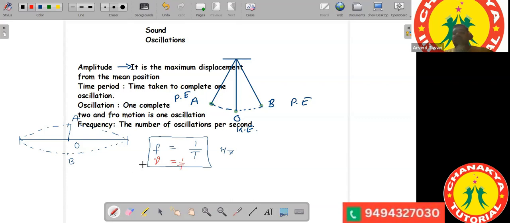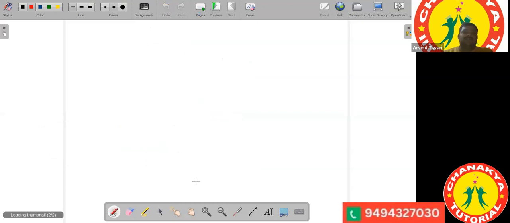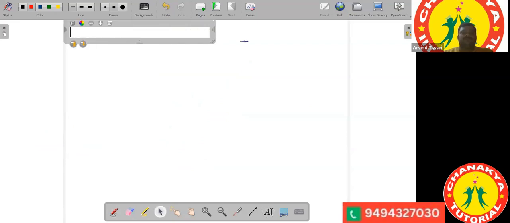Okay. So let's try to find out the frequency also. To find the frequency, first we compute the time period, and then we compute the frequency. Let's see one question to compute the frequency, and then we will move towards the wave.